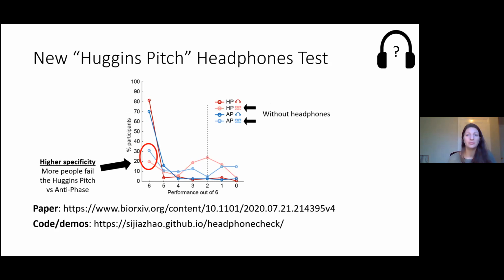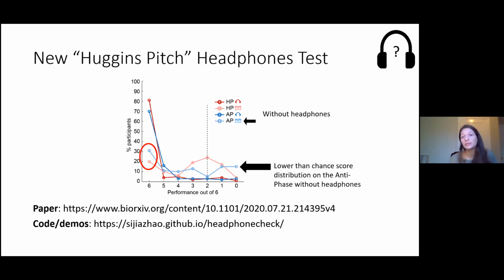And then when people are not wearing headphones and listening over speakers, you get some people who will still pass your test. But with the Huggins pitch test, you get a lower percentage of people who get that perfect score. Another thing to point out is that the distributions of scores when people are not wearing headphones are different between the two tests, because the antiphase test has this foil present during the task.